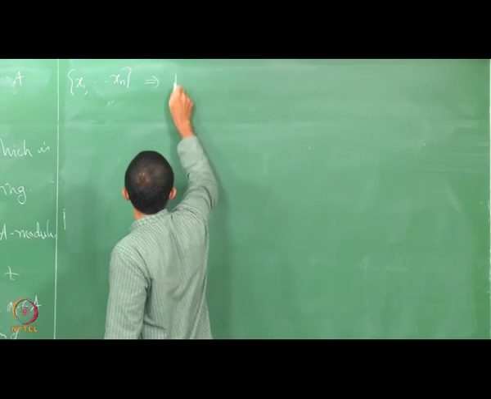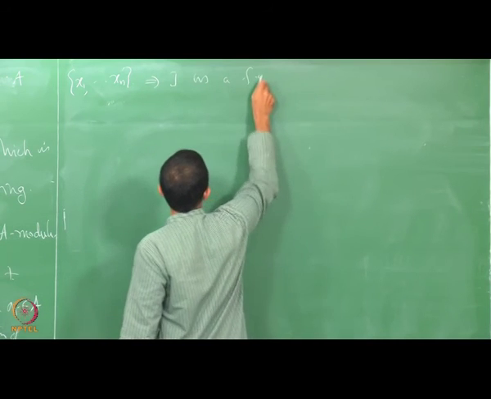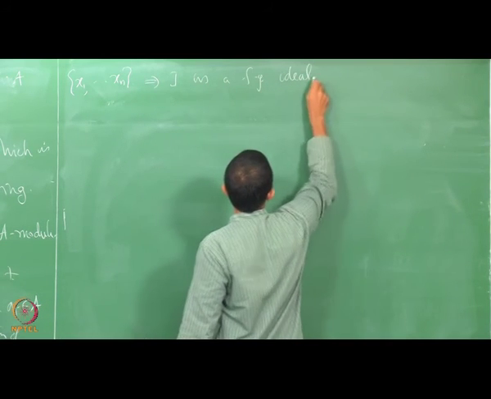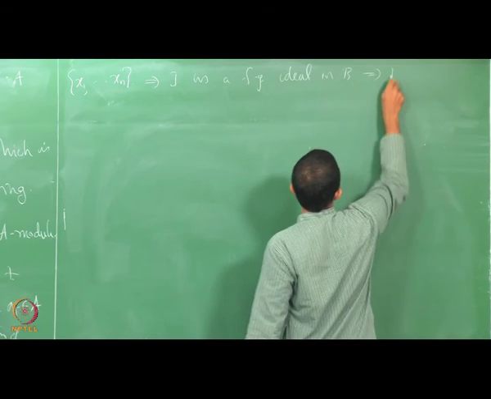Which means I is a finitely generated ideal in B, which implies B is Noetherian.